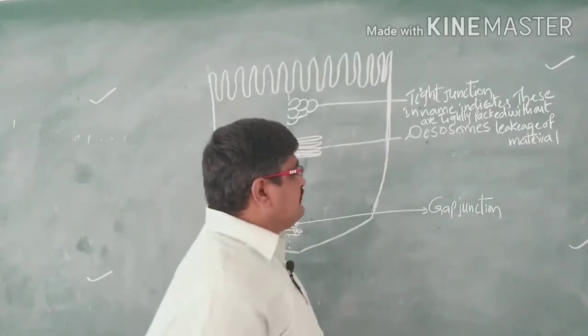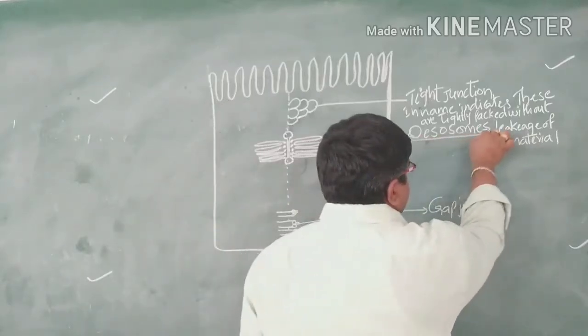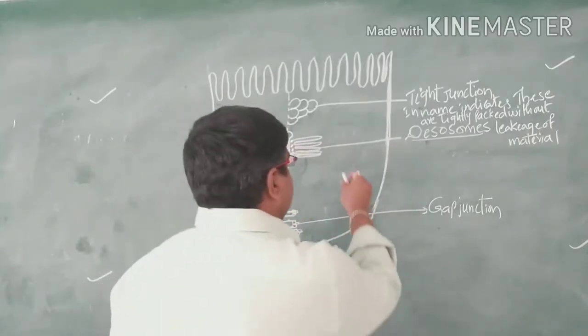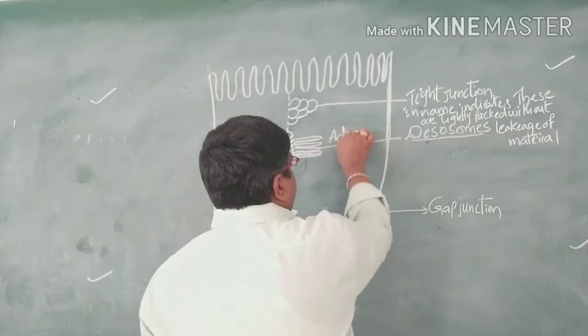Next, desmosomes, or otherwise you can call them adhesive junctions.